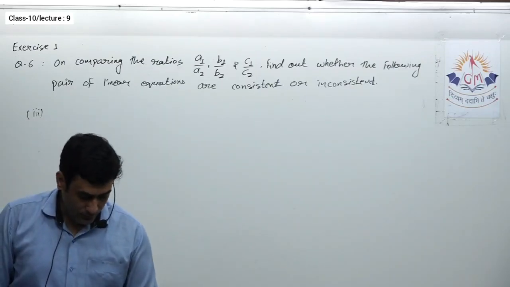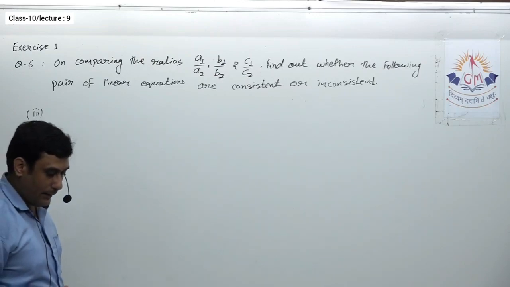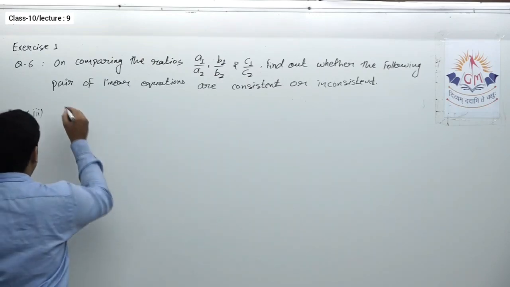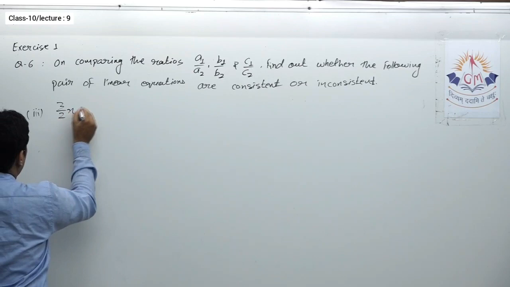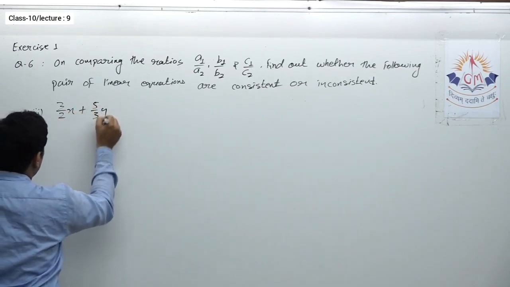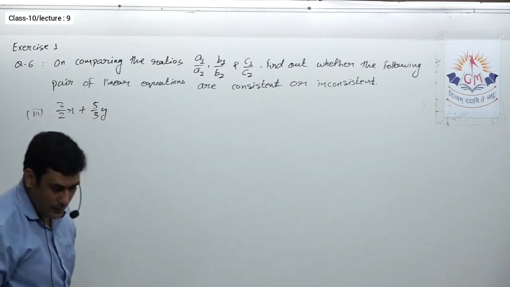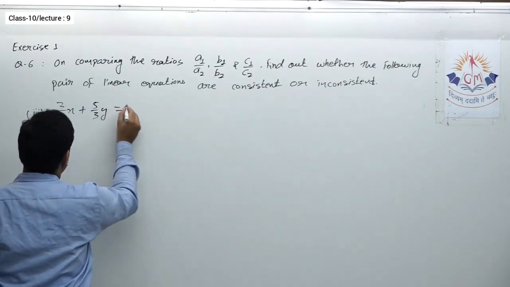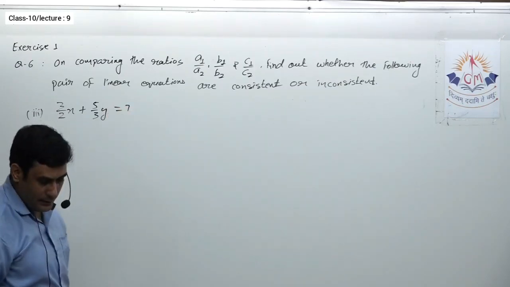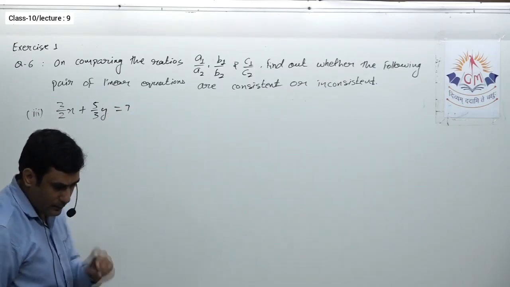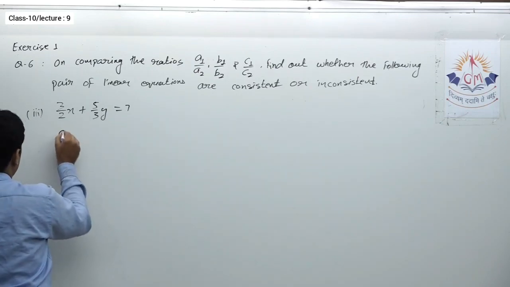So equations are 3 by 2x plus 5 by 3y is equal to 7, and another equation is 9x minus 10y is equal to 14.